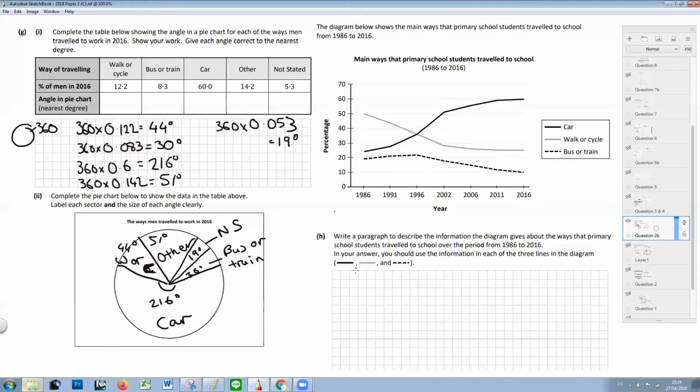So I would say, be very factual. Just say in 1986, 50% or roughly 50% of students walked or cycled to school.